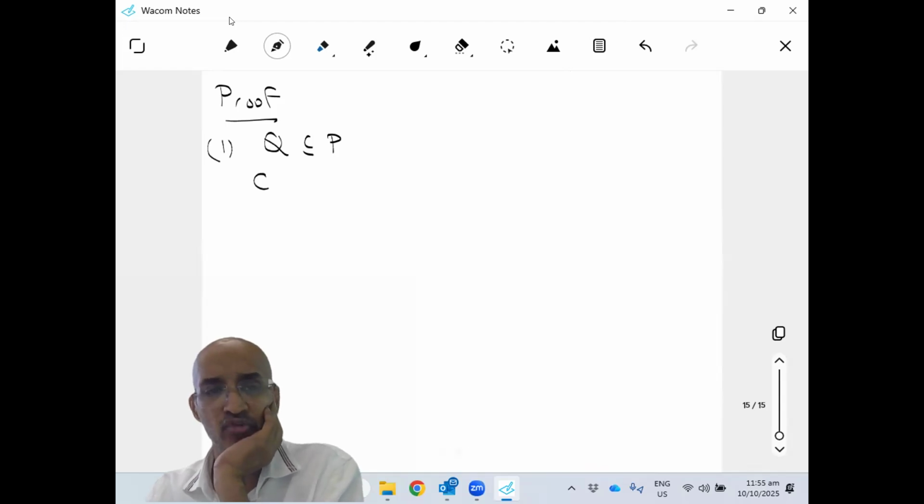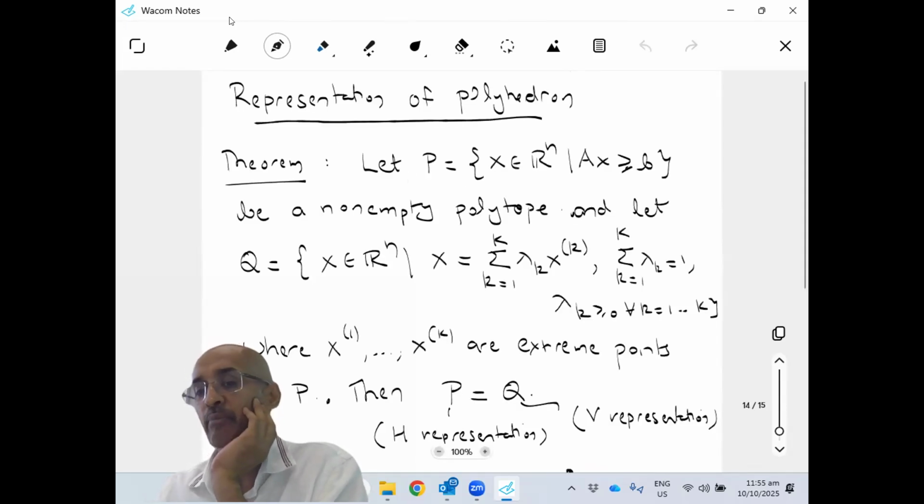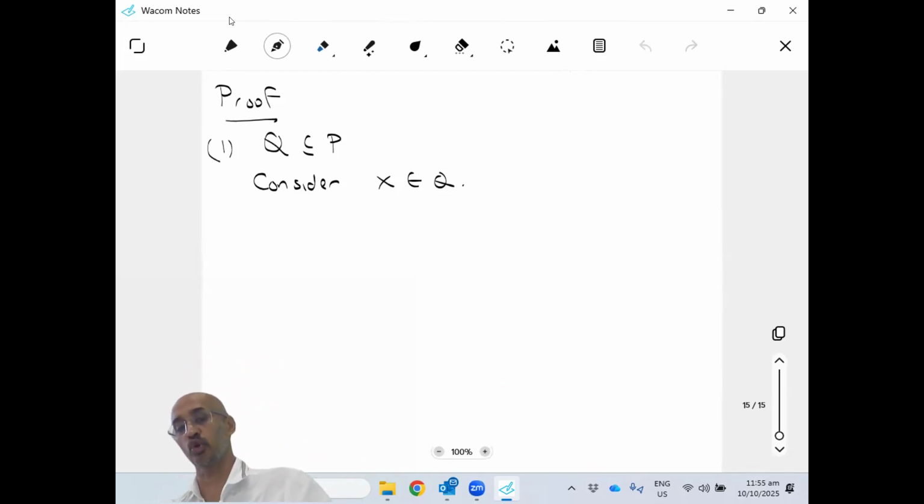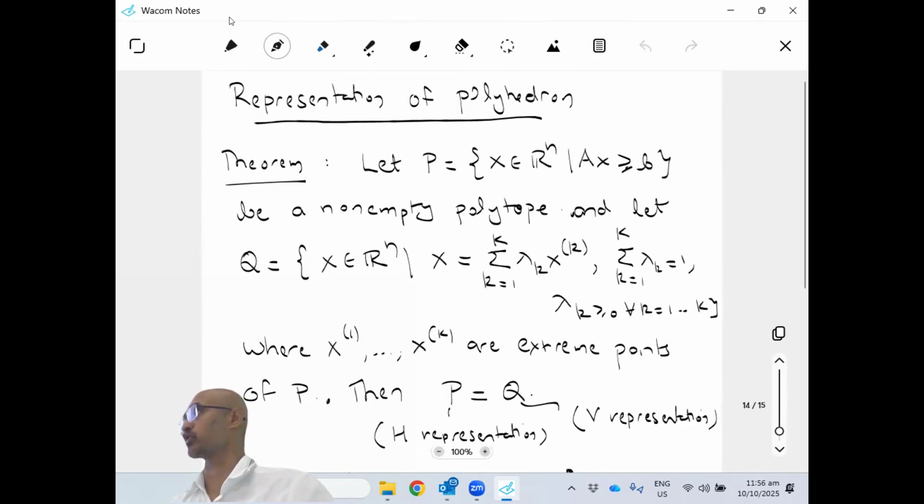Consider any x in the set Q. It can be written as a convex combination of these points. You want to prove that if a point is in Q, it lies in the set P. That means you have to prove that Ax is greater than or equal to b when x satisfies these conditions.